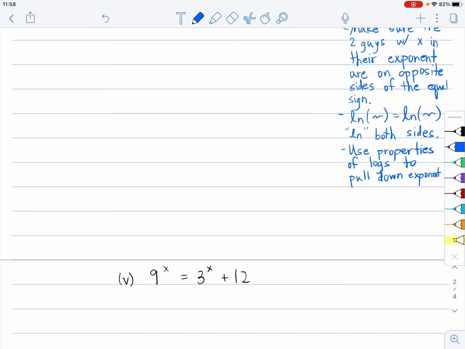We're going to say pull down exponents in parentheses. People screw these ones up all the time because they don't put the parentheses.